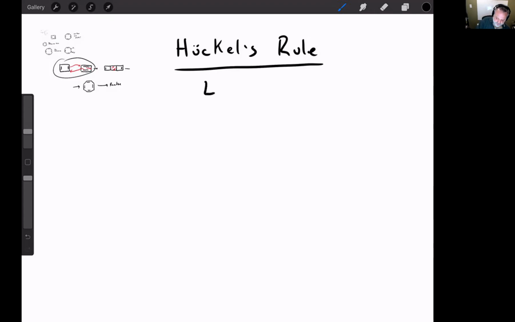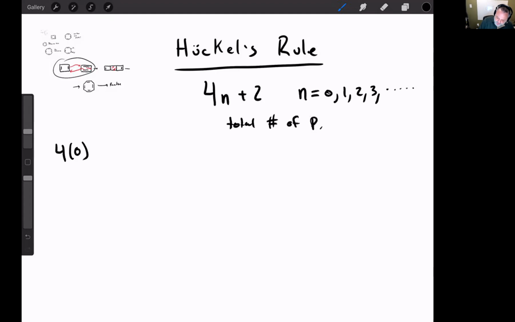And the rule is 4n plus 2, where n equals 0, 1, 2, 3, and so on. And these are the total number of pi electrons. So if you have 4n plus 2 pi electrons, you might expect that the species we're looking at can show this aromatic stability.